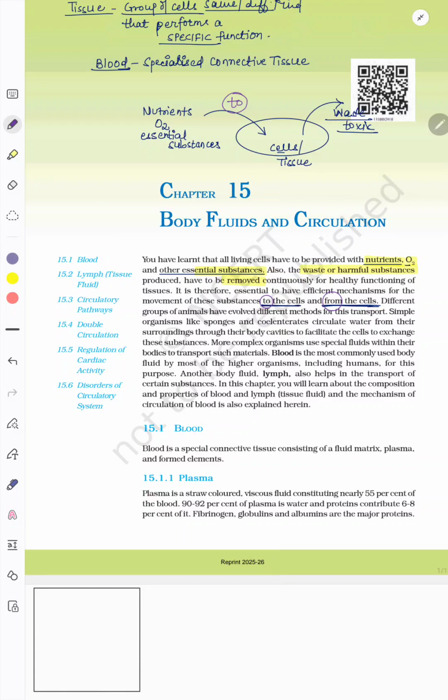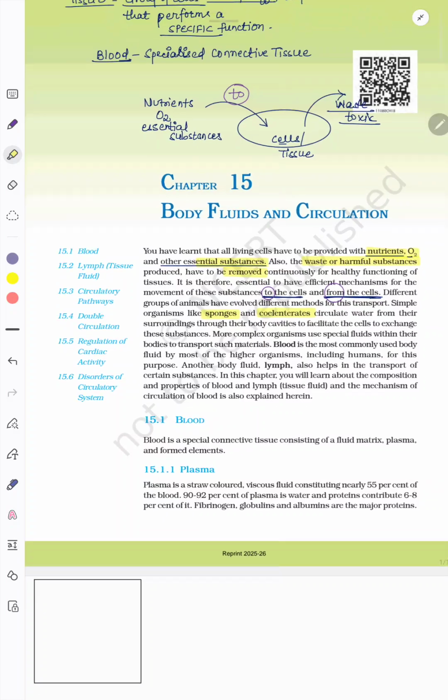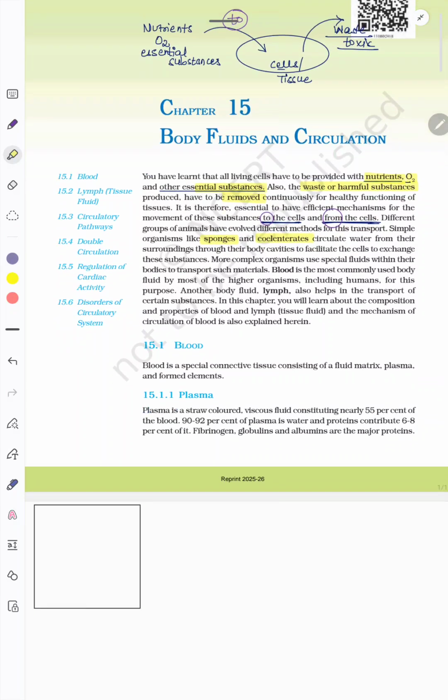Okay, now different group of animals have evolved different methods for this transport. Simple organisms like sponges and coelenterates circulate water from their surrounding through their body cavities to facilitate the cells to exchange these substances. What does this line mean?